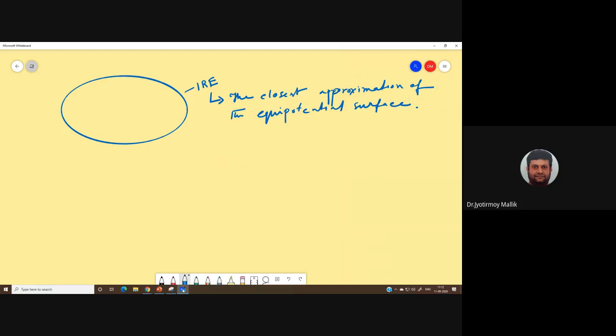And let us say at this equipotential surface, wherever we measure small g, the gravitational acceleration, we can call it the theoretical gravitational acceleration.